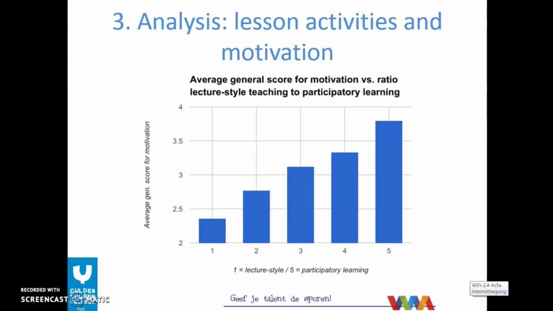This is a graph showing the average general score for motivation versus the ratio of lecture-style teaching to participatory learning. This graph clearly shows that participatory learning renders the most motivation.